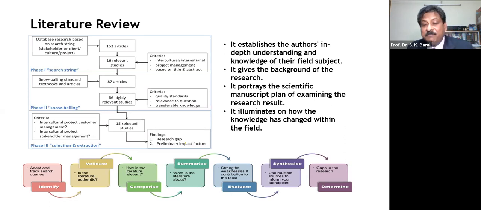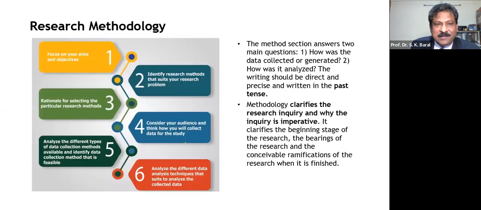And research methodology is a very common subject, but here what we have to do is focus on our aim and objectives, and the research methods that suit your research problems must be identified.